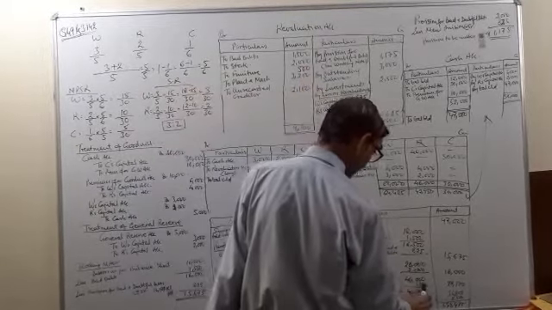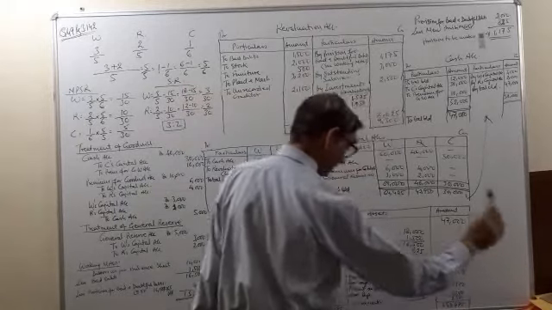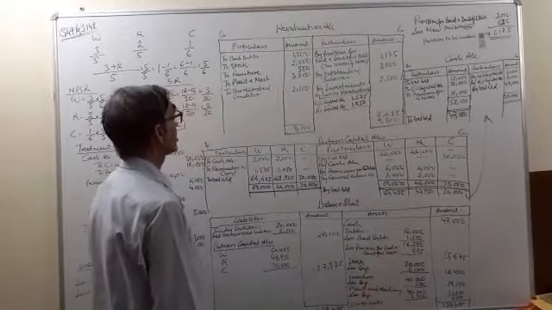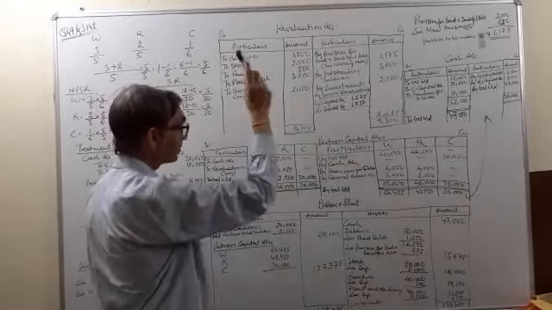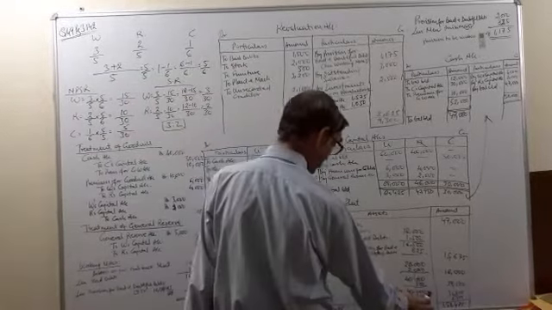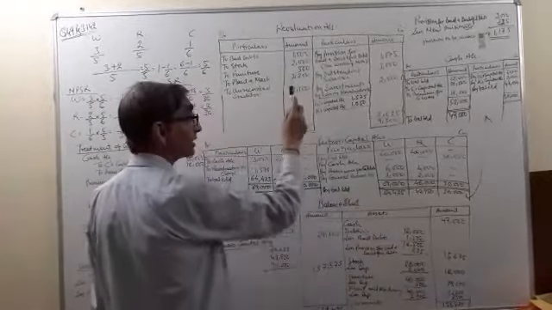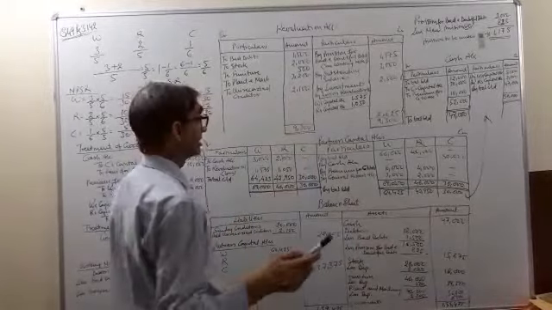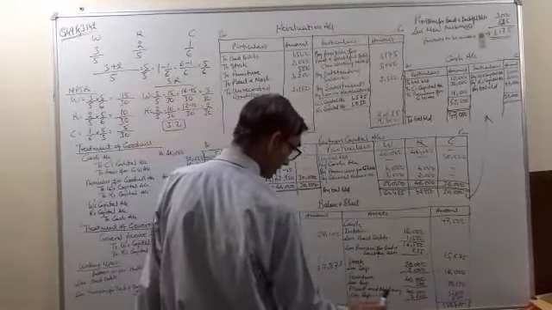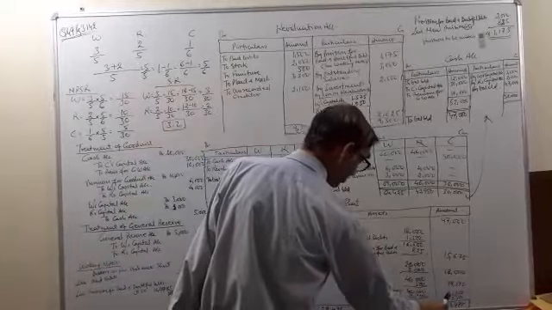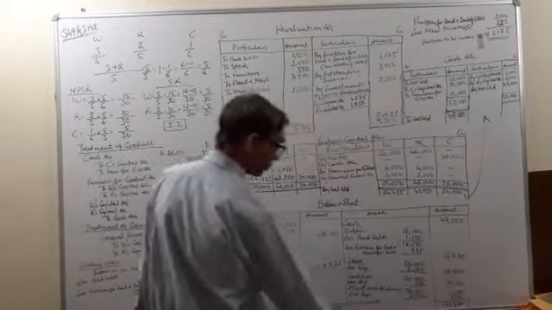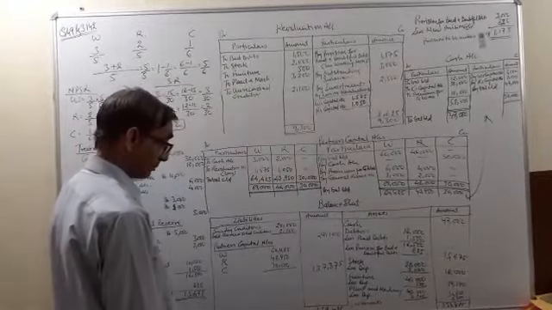So 500 will be subtracted, and 39,500 is the new value of the furniture. Plant and machinery in the old balance sheet is given at rupees 40,000, and it will be depreciated by 8%. So 8% of 40,000 is 3,200, minus it, 36,800 is the new value of plant and machinery.